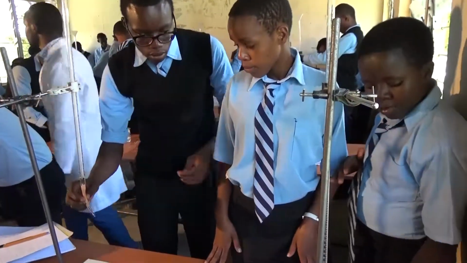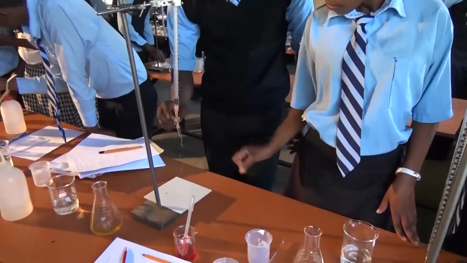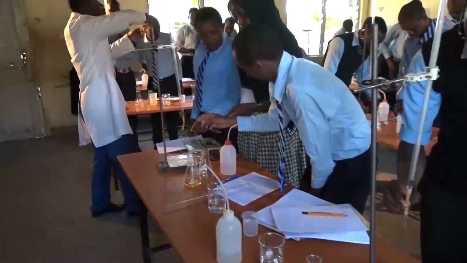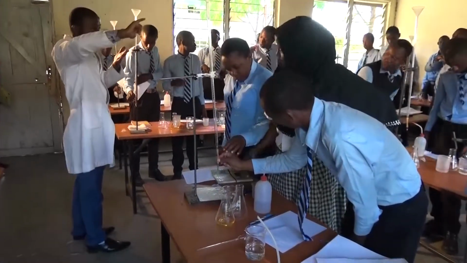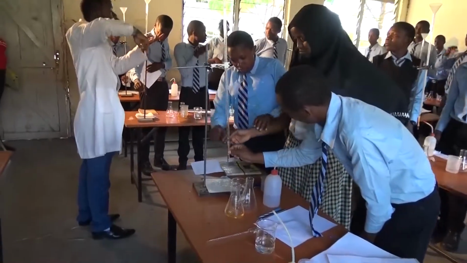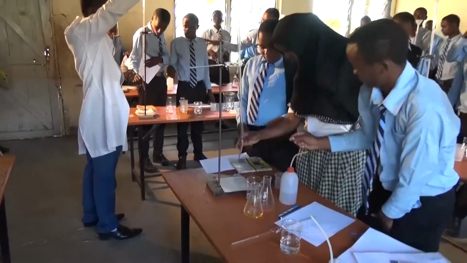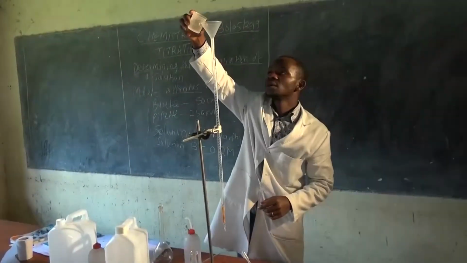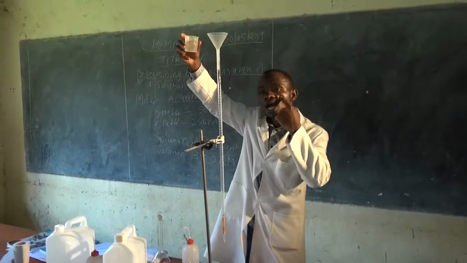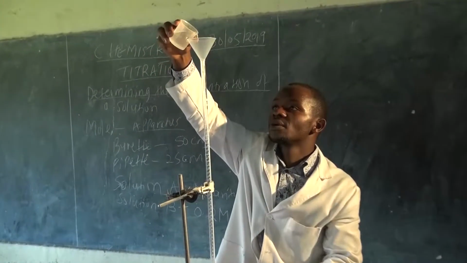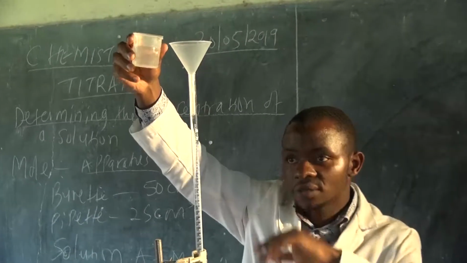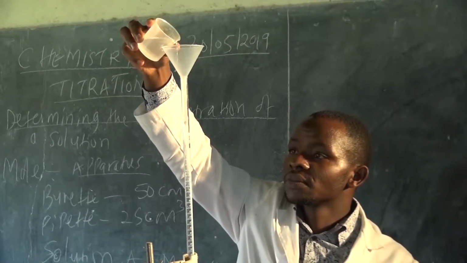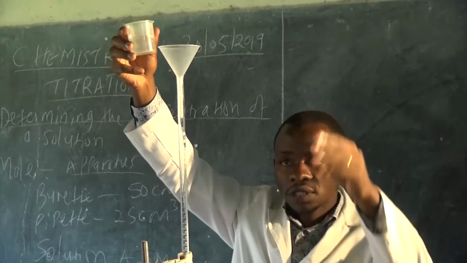If all of us have cleaned the burette, now next we are putting in solution A. Now the burette is clean. So we add what? Solution A. Look at what I'm doing first. We are adding. You add slowly.